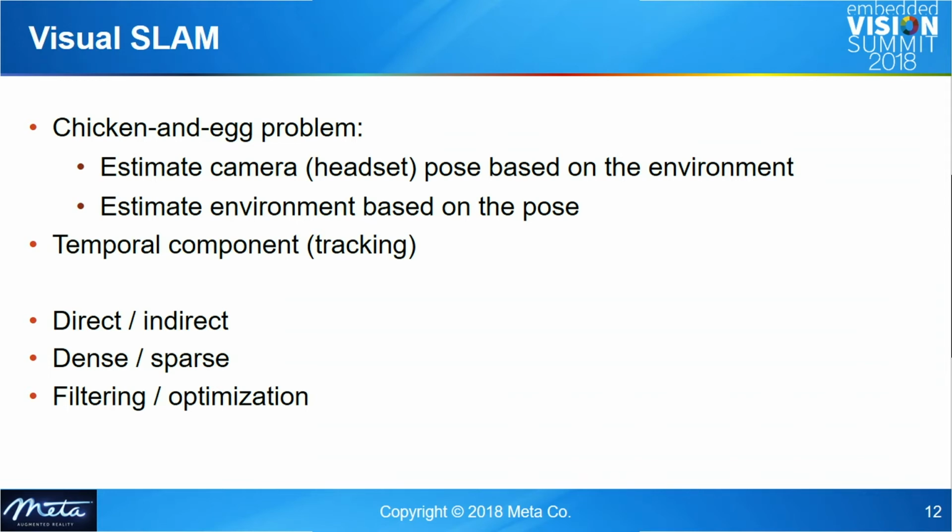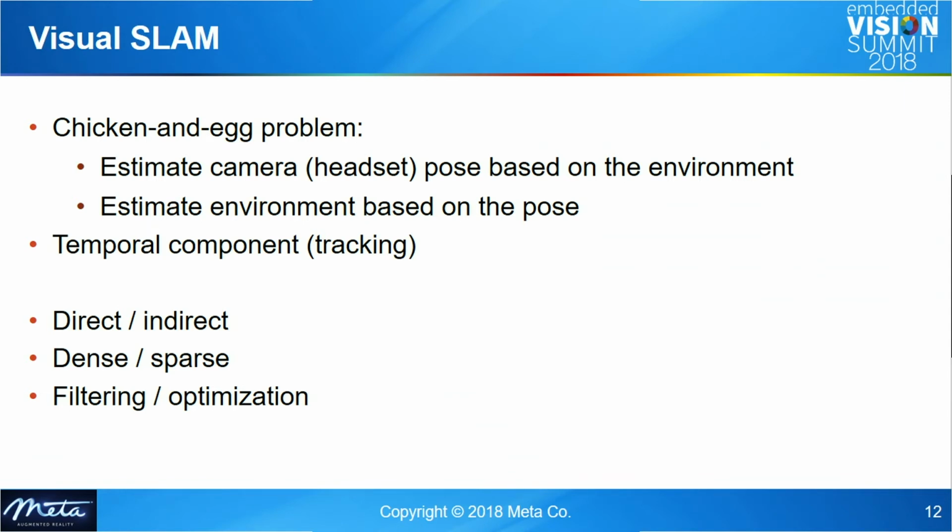Some of the major paradigms, if you are reading through SLAM literature, include direct versus indirect methods. Direct means that the optimization procedure in the pose estimation uses pixel values directly and uses the photometric error as the error to minimize.